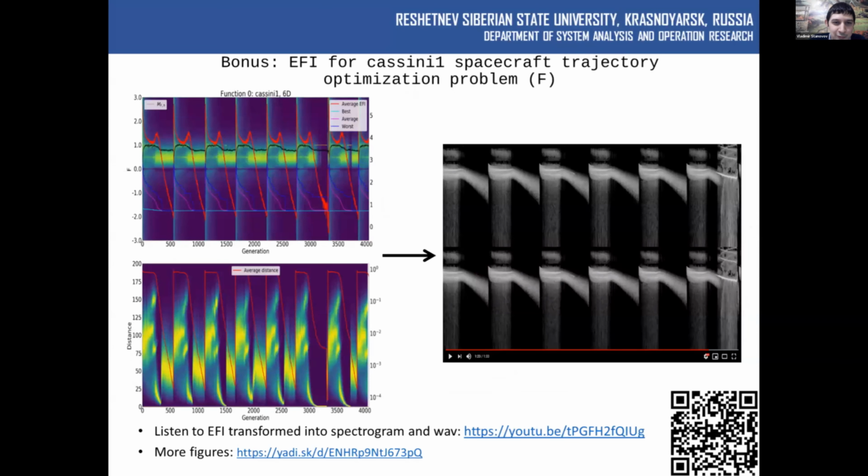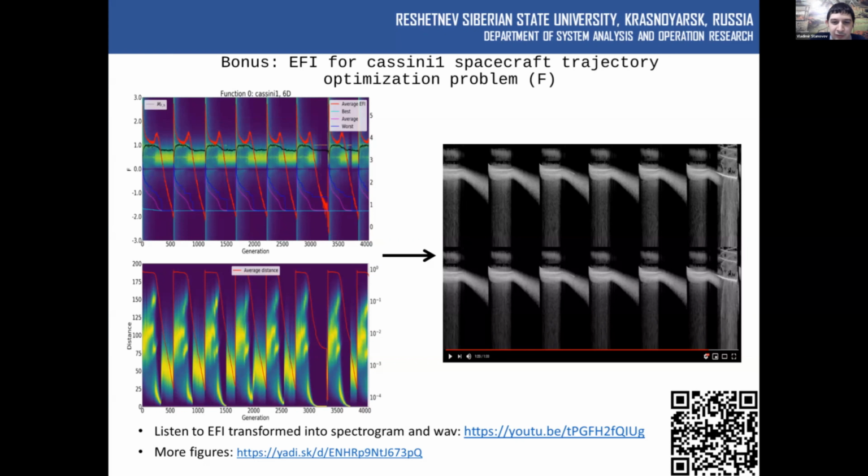And as a bonus, well, this was more like a fun thing to do. As I showed you these expected fitness improvement pictures, actually you can turn them into sound.